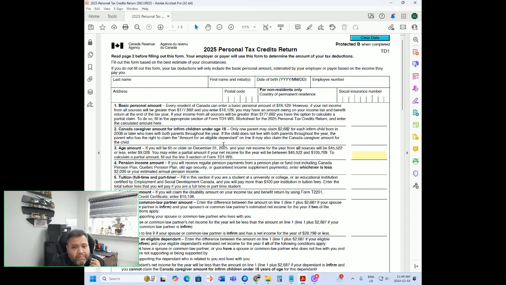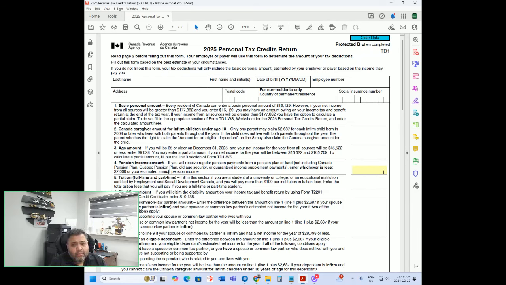Number 4 would be pension income. If you are a pension recipient, so you are getting, let's say, a private pension from your employer, then you are able to claim a $2,000 credit for your pension income amount. So you'll be inputting $2,000 here.